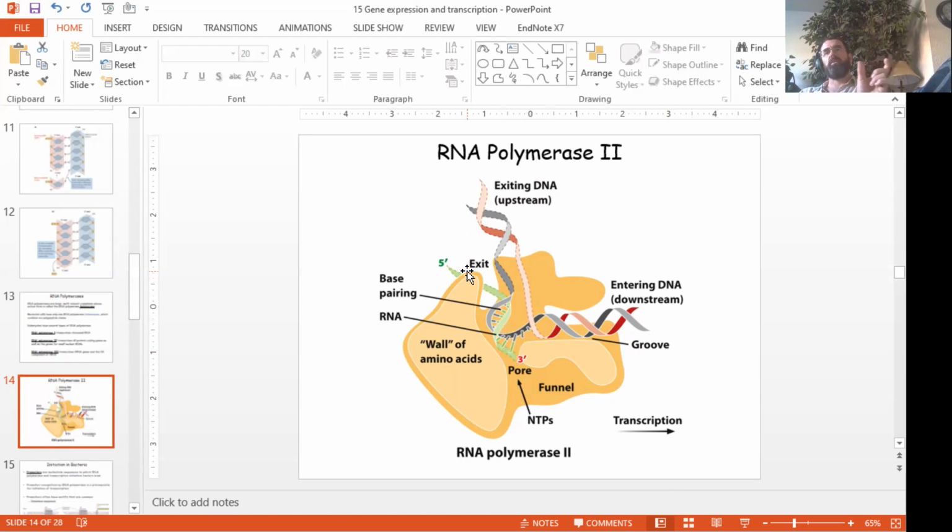And as the RNA polymerase moves along, the DNA reassembles in the double helix after it, right? So this isn't like DNA replication where you have a bubble which kind of grows along the DNA strand. This is a very transient bubble that moves with the RNA polymerase.